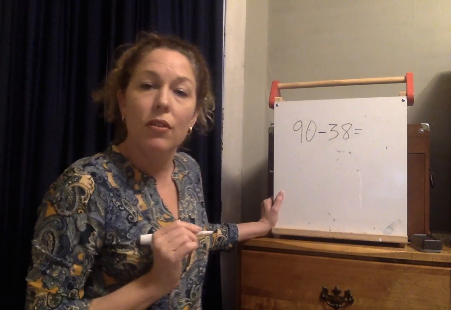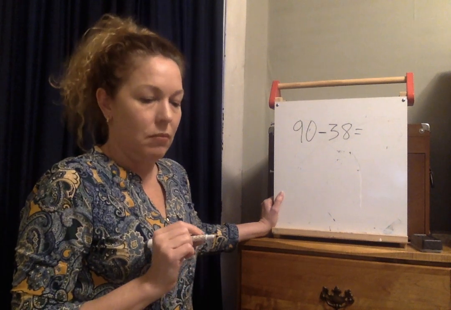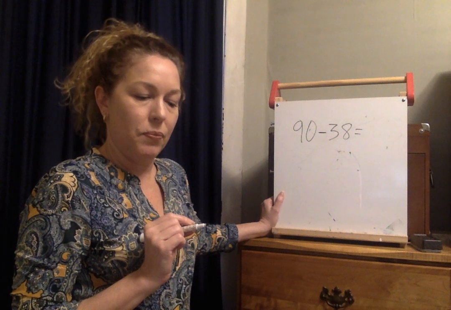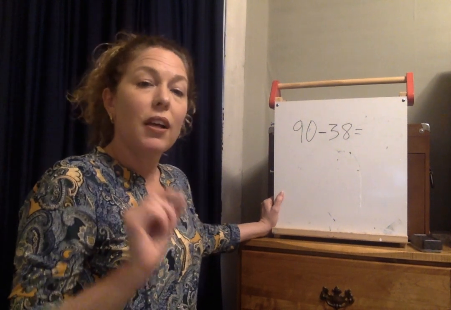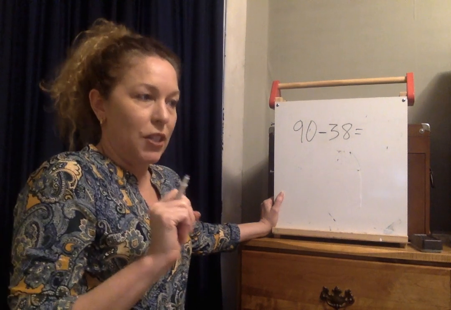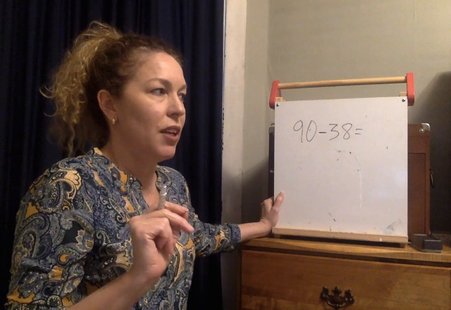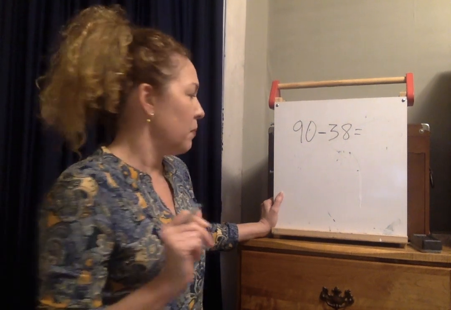Now I want you to solve this using an algorithm. Okay? Go ahead. We have lots of practice with this, so you should be able to do 2-digit subtraction, no problem. Pause the video until you have tried it with the algorithm.